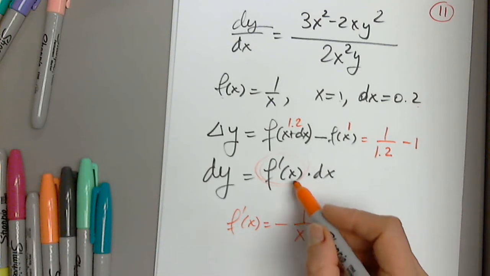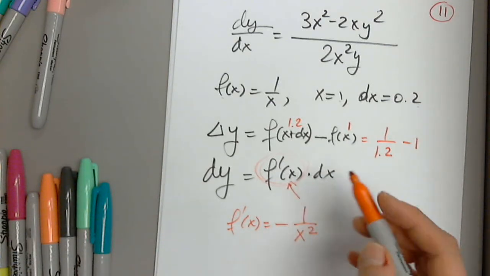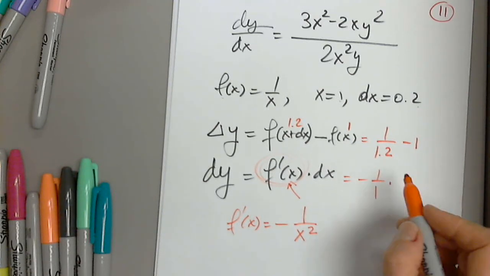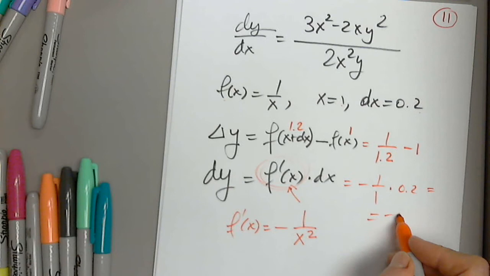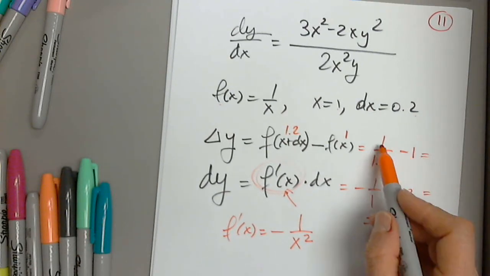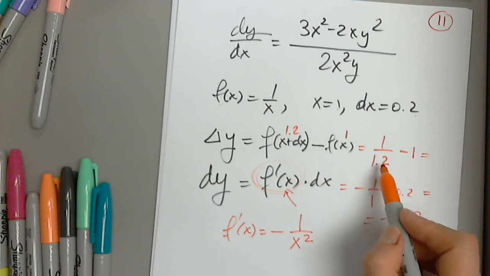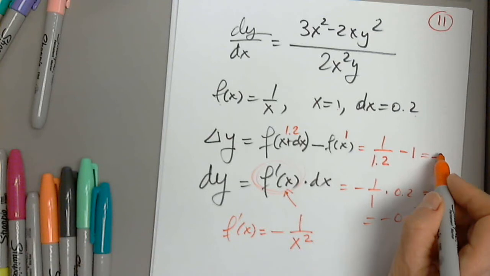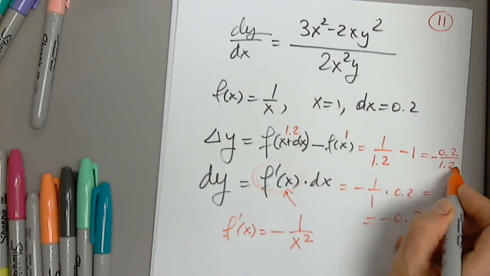So in this case, this piece will be negative 1 over 1, and dx is 0.2. So this is negative 0.2. And this is 1 minus 1.2, because I have to find the least common denominator. So it will be negative 0.2 over 1.2.